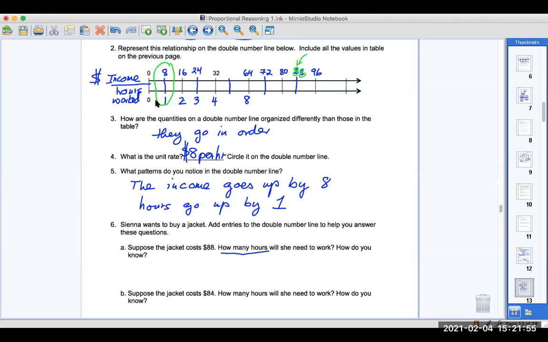8, 1, 2, 3, 4. I'm missing some numbers. 9, 10, 11. This is my number here.